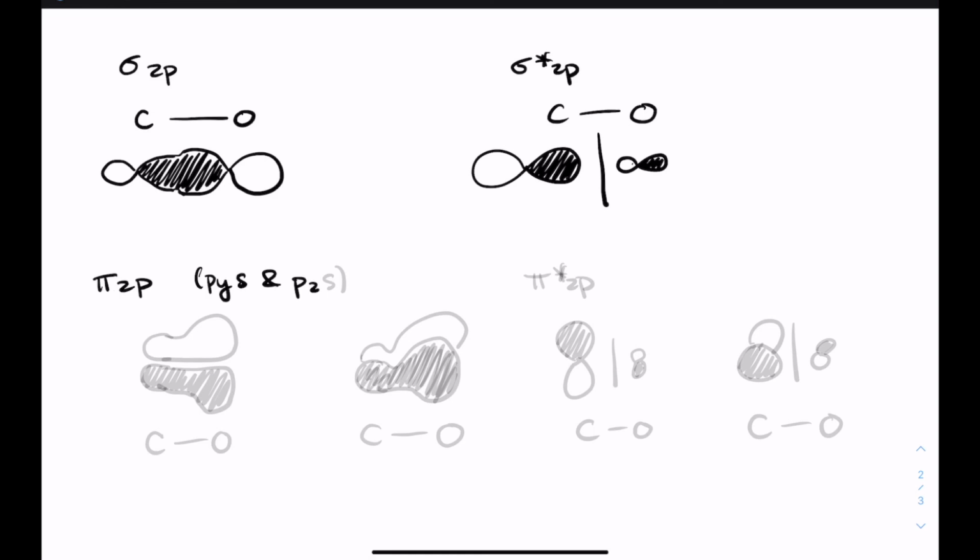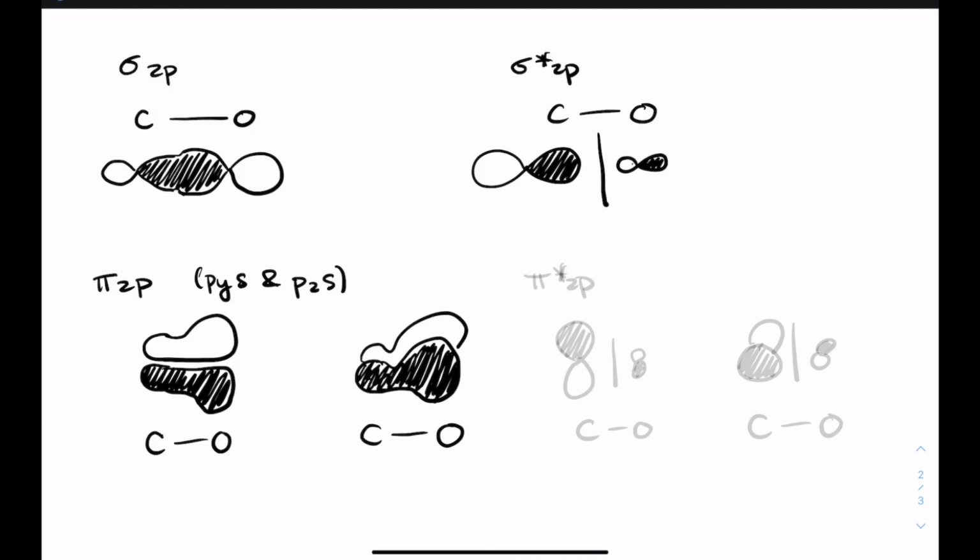Sigma star 2p, antibonding, bigger contribution from carbon. And then in my pi interactions, my pi 2p, one set from the py's, one from the set of pz's, bigger on the oxygen end in the bonding, and then my pi star 2p's bigger on the carbon end in the anti-bonding.